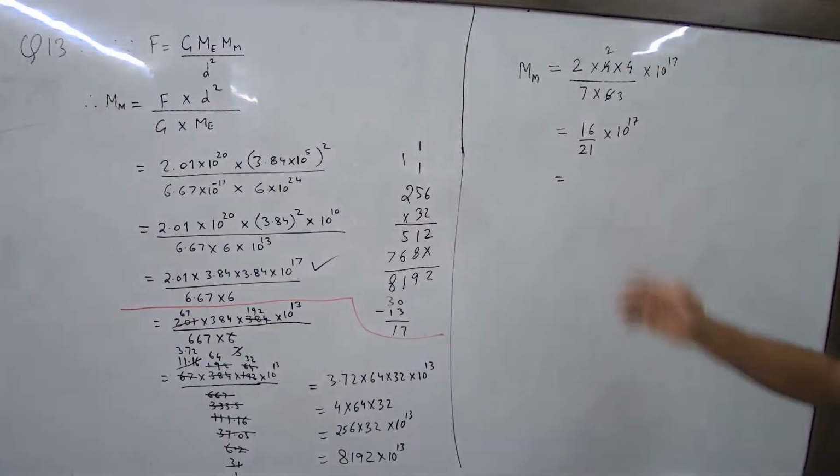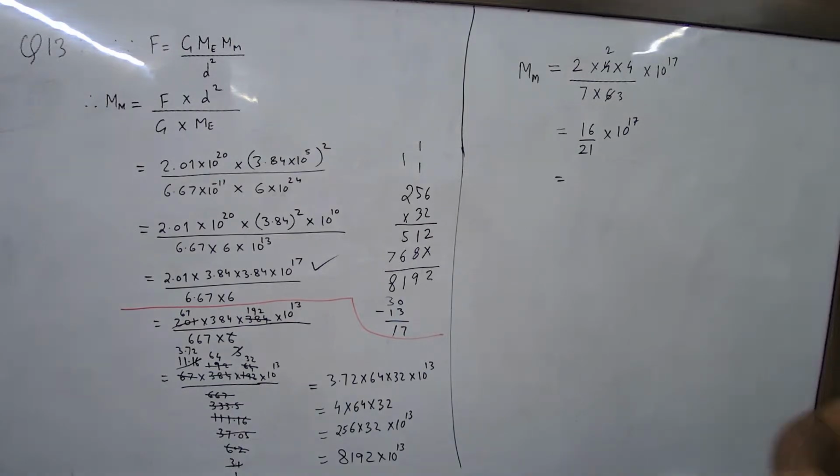But still, we will not get 10 raised to 22. Where are we going wrong? Have we substituted the values correct? That's what leaves too much room for questioning now.